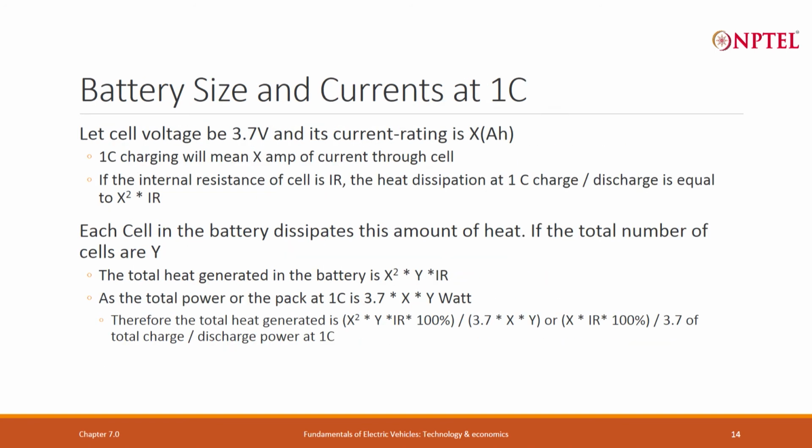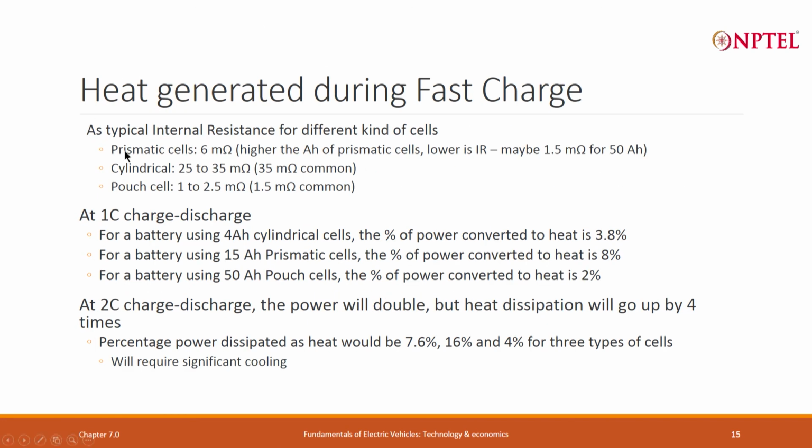So, is that correct? Probably I made a mistake here. 15 multiplied by 6 divided by 3.7. So, 90 divided by 3.7. No, I probably made some mistake here.